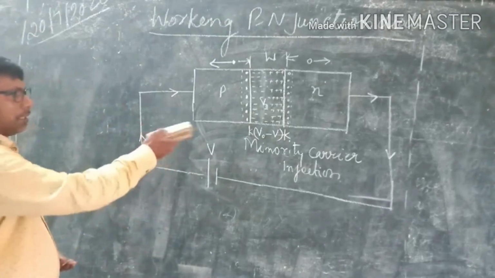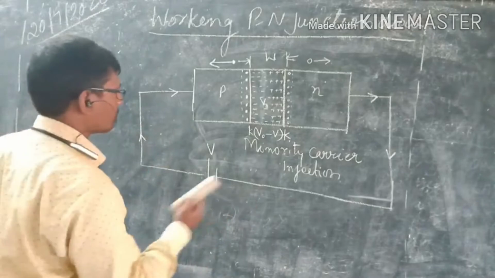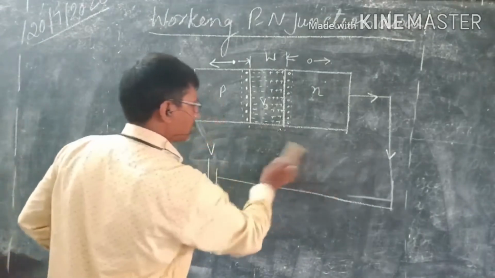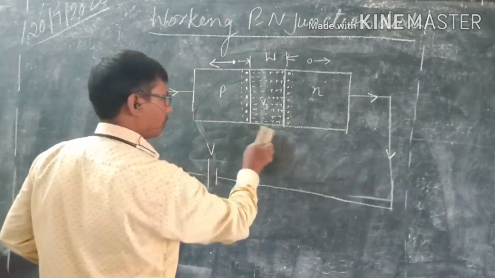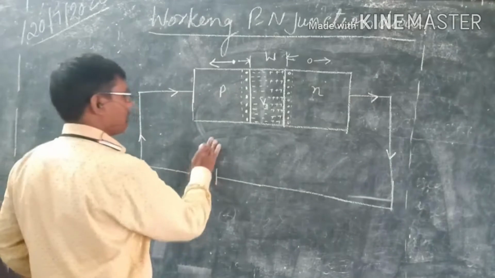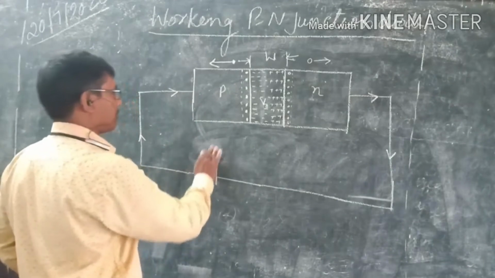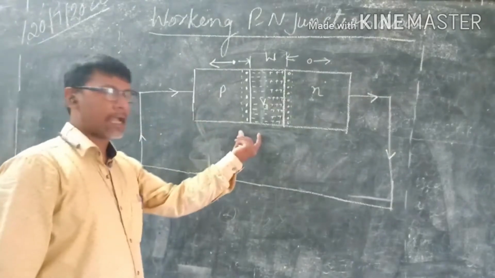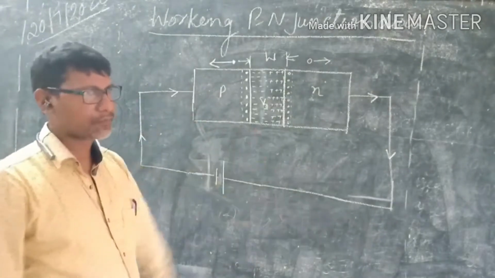Now this was forward bias. Let us see the action of reverse bias. Now in reverse bias, what will happen? First of all, the diode is in reverse bias.